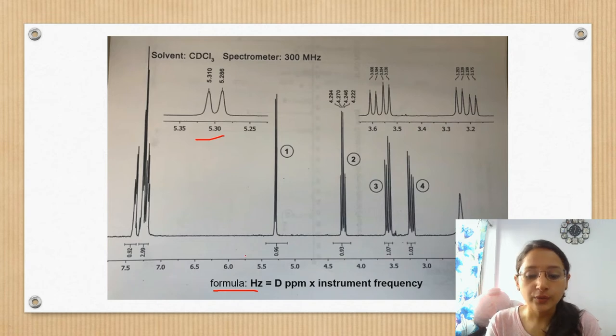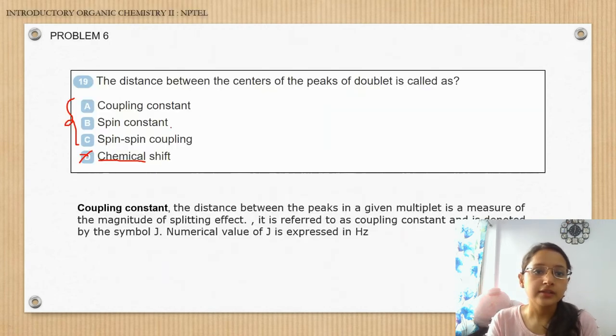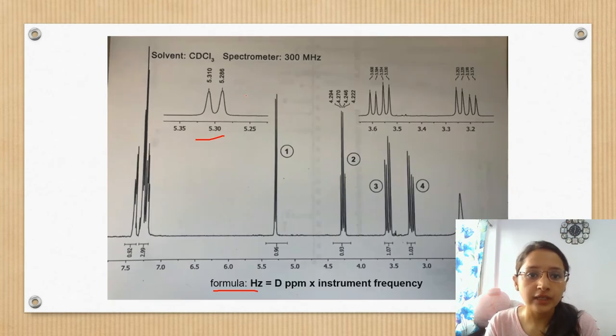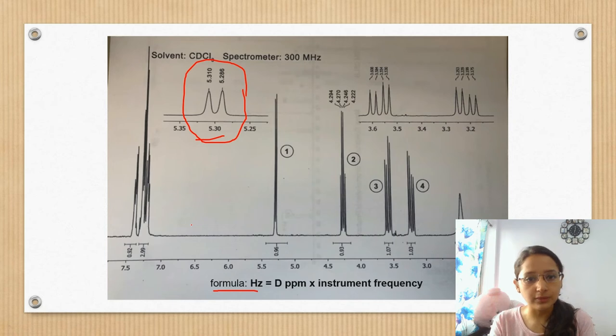So the distance between the centers of the peaks of a doublet, when we calculate it, is known as the coupling constant.